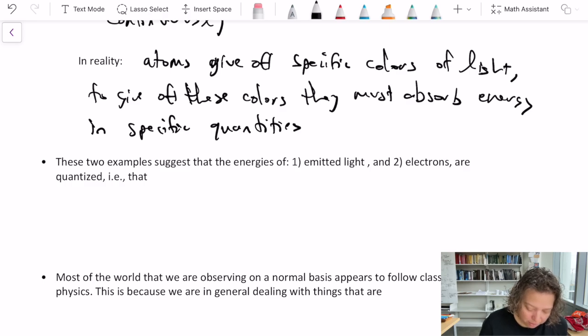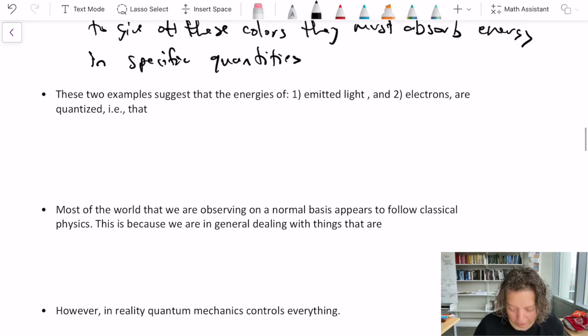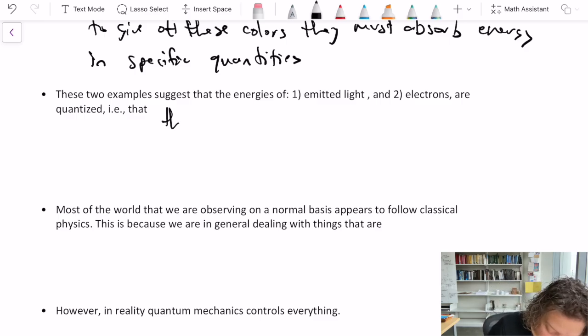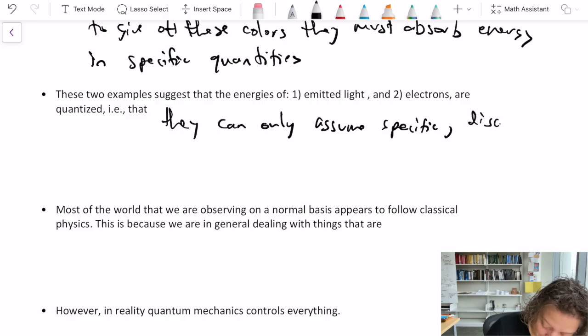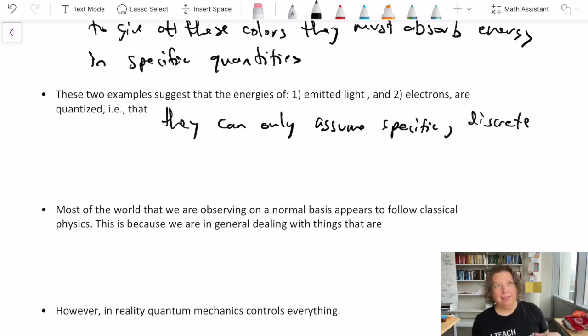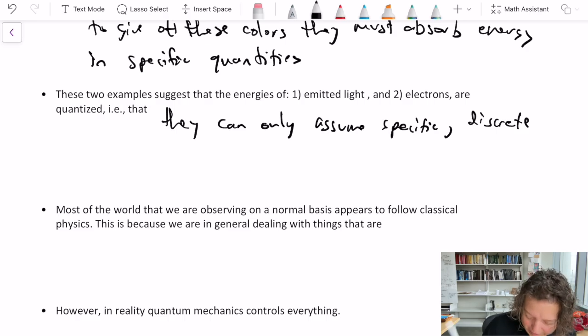So in these two examples, the energies of the light that was emitted in the first one and the electrons in the second one, they are quantized. That means that they can only assume specific, discrete energies, and again I might be using the wrong discrete, but I mean like the discretized, like separate points, like non-continuous. I don't mean the being secretive one. And I don't even know if I got that second definition correct, so if I didn't, I apologize.